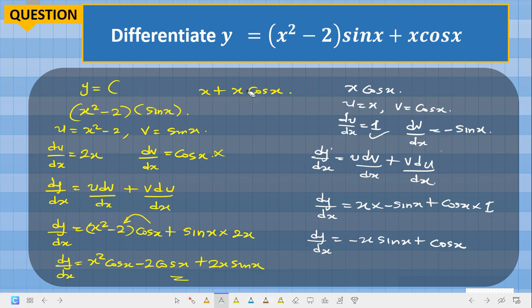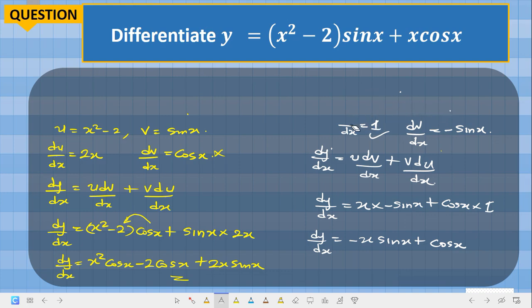So finally, we sum them together. Whatever answer we get is the correct answer, because you saw in the question that both are summed together.